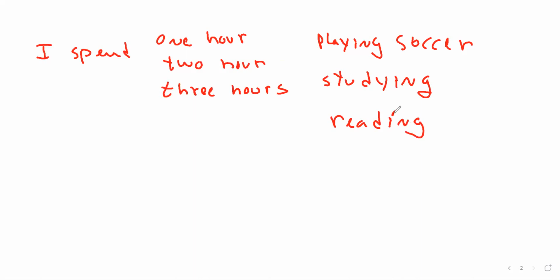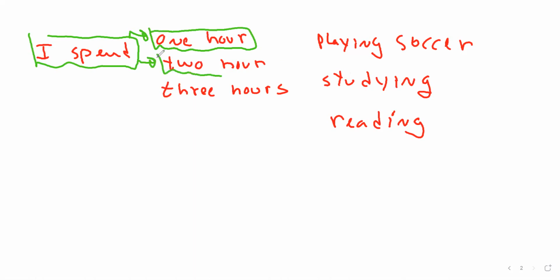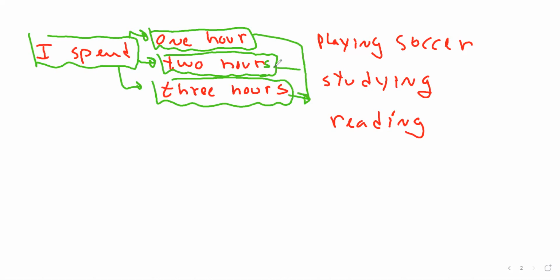Okay, and these could be your answers. So you can say I spend 1 hour, or I can spend 2 hours, 2 horas. I found the S right here, 2 hours. I spend 3 hours. And then from here, you can go this way, just follow the arrows, playing soccer or studying.